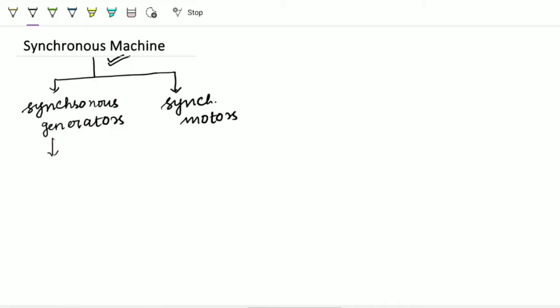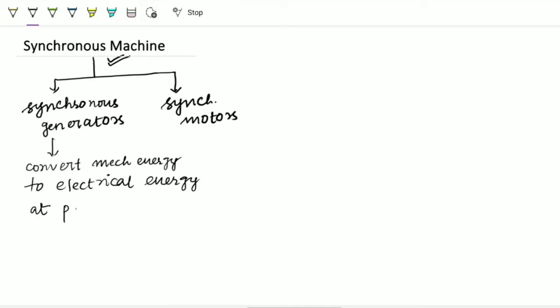Synchronous generators convert mechanical energy to electrical energy at a particular voltage level and fixed frequency.